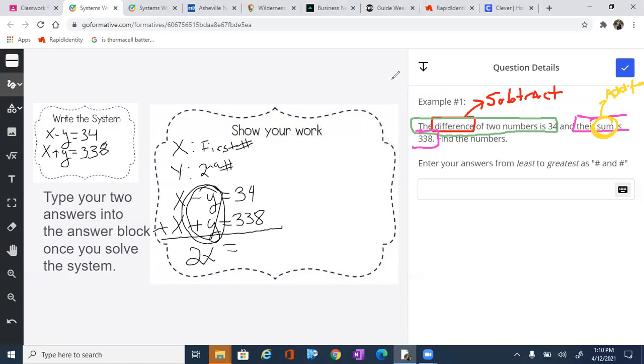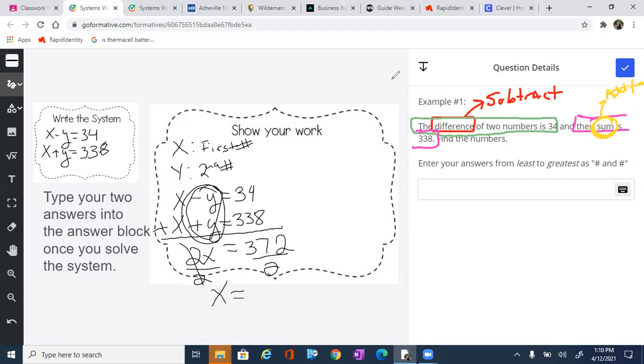And then 338 plus 34 is going to give us 372. And then, of course, we divide to get x. We take 372 divided by 2, and what is that?